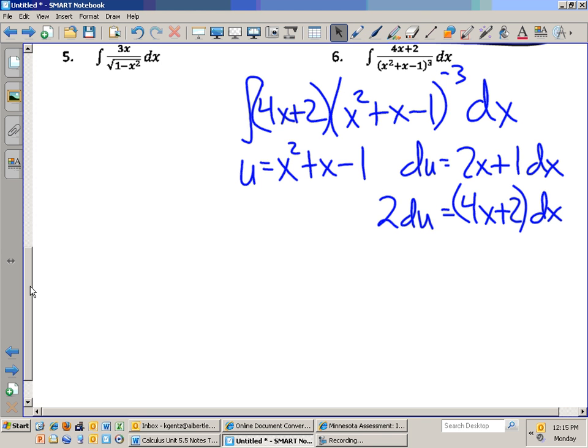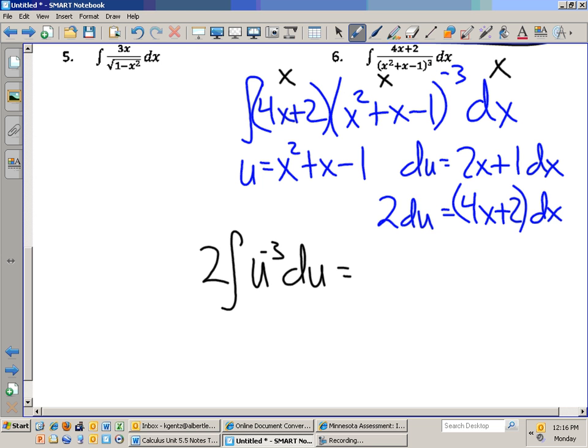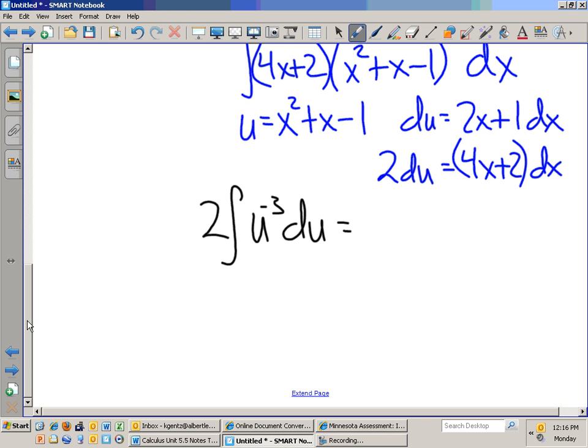So now we've accounted for everything. We have 2 du will take the place of this, and u will take the place of that. So my new integral will read the integral of u to the negative third times 2, I'll write that out front, du. What is the antiderivative of u to the negative third? U to the negative 2 over negative 2 times the 2 in front.